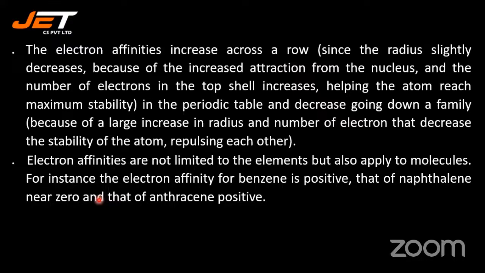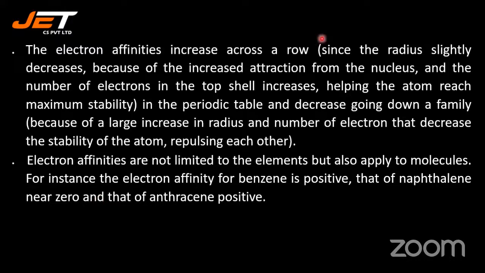Electron affinity increases across the row. What is a row? Period. Yeah, very good, periods. So it increases across a period and decreases down a group.